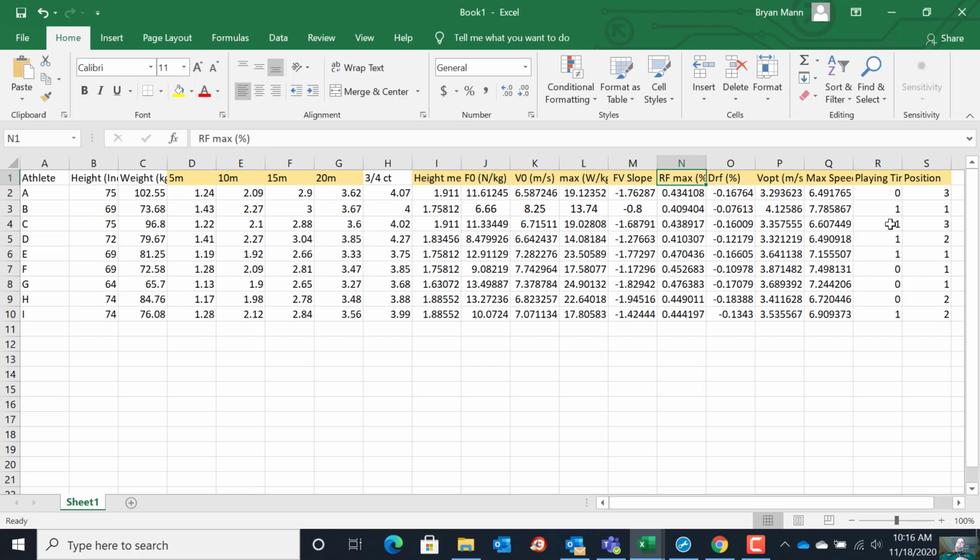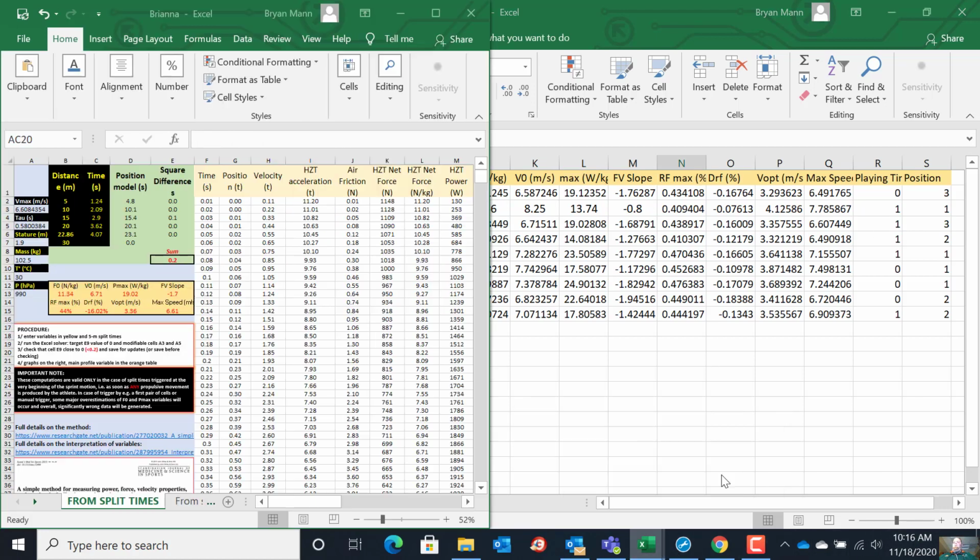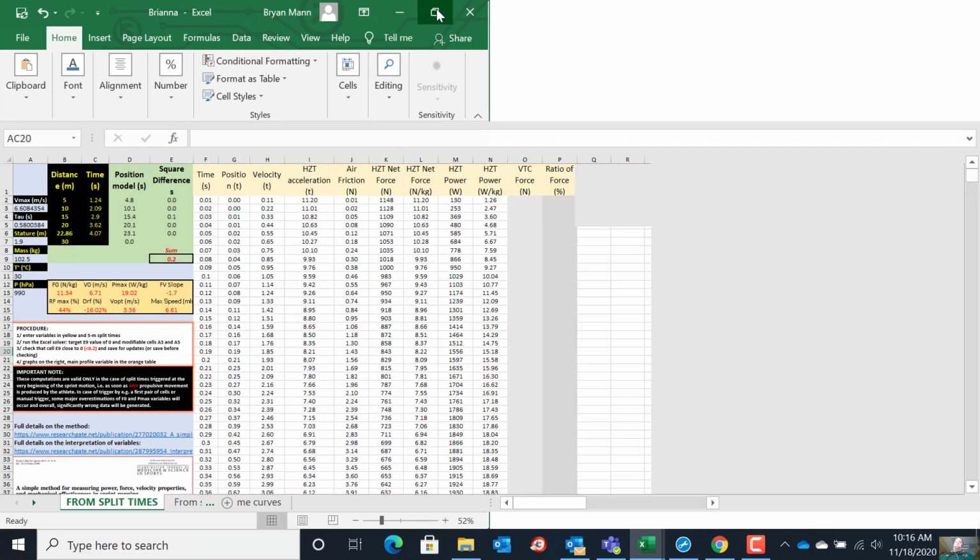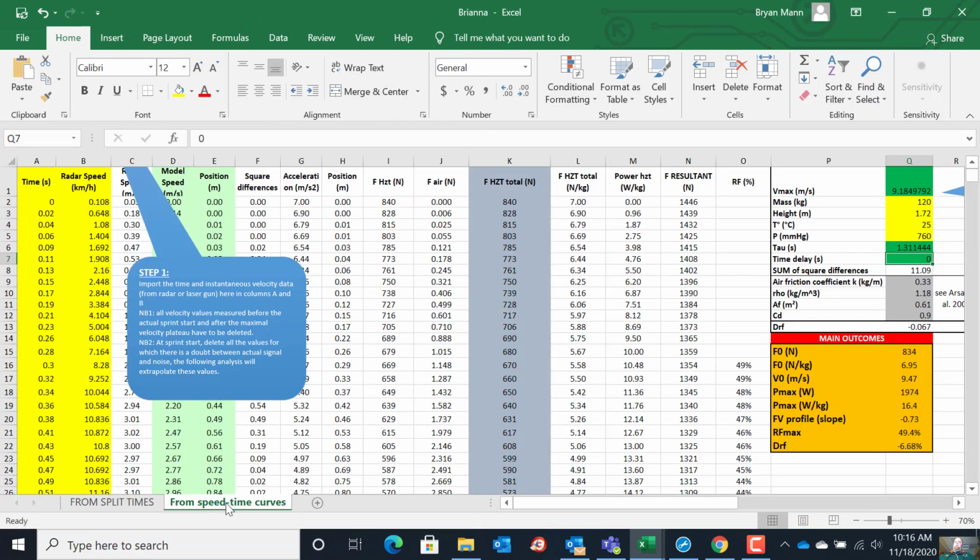Another thing that you can do with the spreadsheet that I had shown you, something that's super cool here, is that if you've got speed time curves, what you could do is use a radar gun or a laser gun, and then all velocity values measured before the actual sprint start and the maximal velocity plateau have to be deleted.